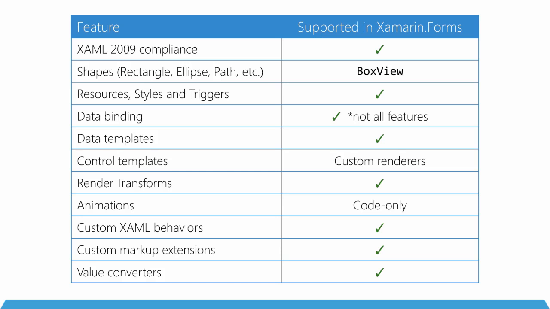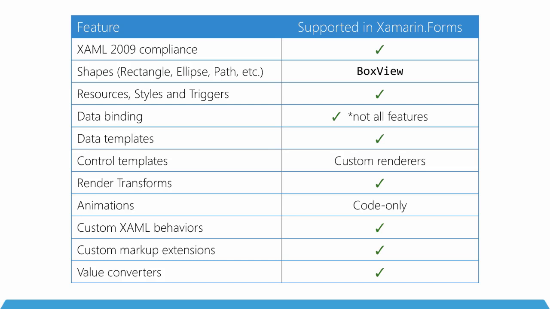Triggers are supported in WPF only for Microsoft. Data binding features are not completely supported in Xamarin.Forms. For example, the update source trigger and the relative source bindings are not currently supported. Control templates are not present in Xamarin.Forms because the visual tree is native and not controlled by forms, so instead we use custom renderers. And we do not support layout transforms in Xamarin.Forms, which is a feature in WPF.